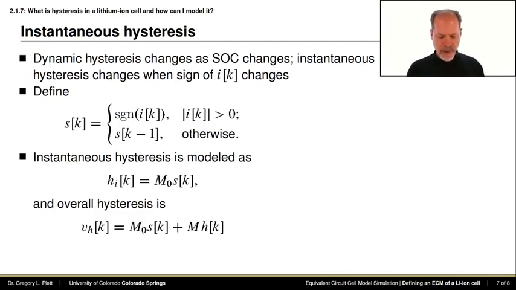So then, with that definition of S of k, the instantaneous hysteresis, H sub I for instantaneous, is equal to m0 times S, where m0 is a different number from m. It's the instantaneous hysteresis magnitude as opposed to the dynamic hysteresis magnitude. And therefore the overall hysteresis VH, which is the hysteresis voltage, is m0 times S, the instantaneous part, plus m times H, the dynamic part.